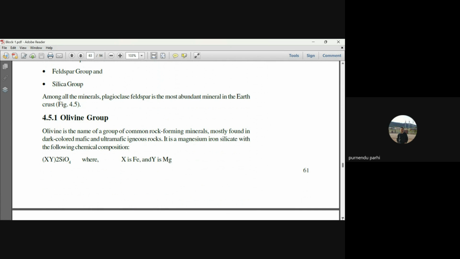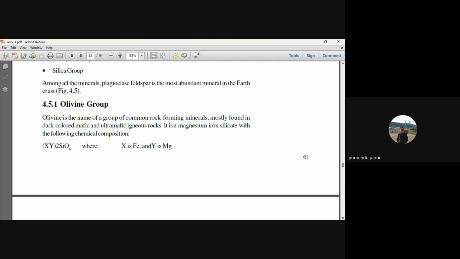Olivine is the name of a group of common rock forming minerals mostly found in dark colored mafic and ultramafic igneous rock. It is a magnesium iron silicate with the following chemical composition: (X,Y)2SiO4, where X is iron and Y is magnesium.